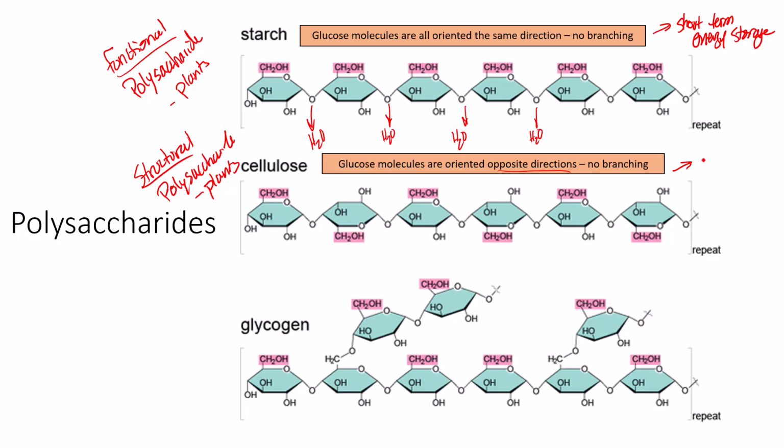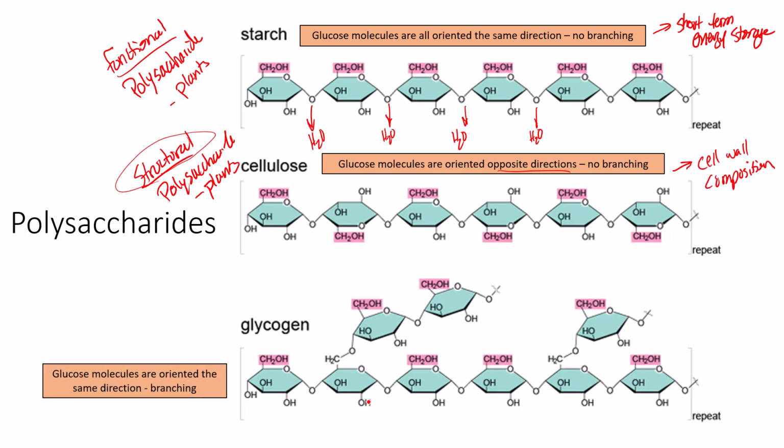It is used for cell wall composition. So plants are going to use cellulose to structure their plant cell walls, and so that's why this particular polysaccharide has a structural use, not a functional use.